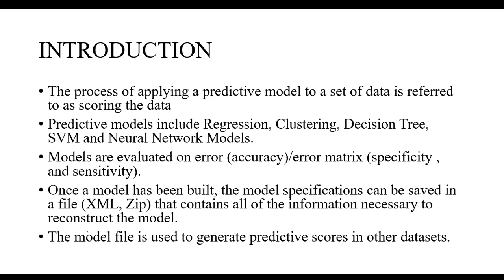Then that model file, whether XML or CSV or zip, is used to generate predictive scores in another data set. That means you're scoring the other data set using a predictive model that you have built.